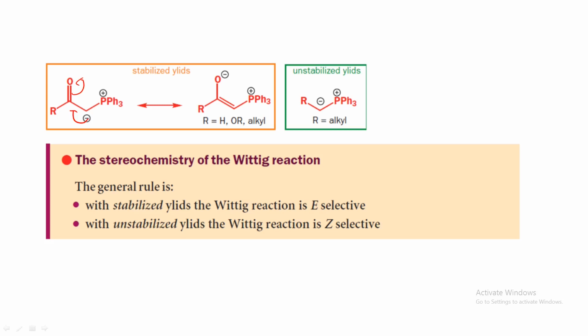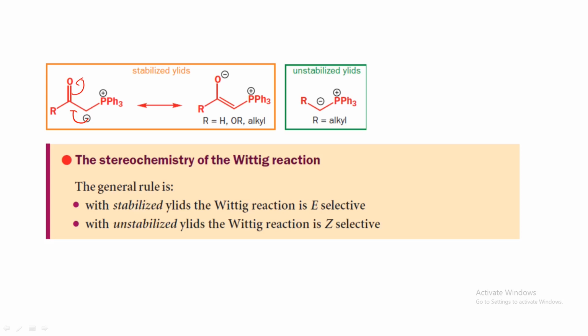So here you can see keto; in our question it was an ester. So that's how this negative charge can be delocalized with this, and it got stabilization. So that's how aldehyde or keto or esters are stabilized ylides. Here you can see the resonating form, so that's how it got stabilization.